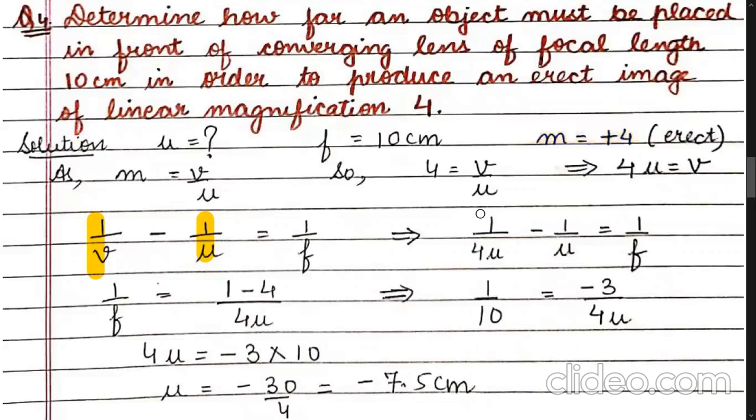magnification. So my first step is I'll use the formula m is equal to v by u, and then I'll put m as 4. 4 is equal to v by u, or you can say 4 times u is equal to v.